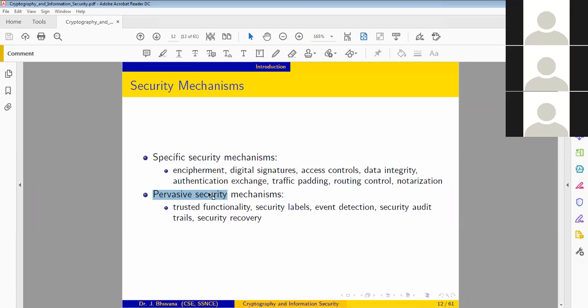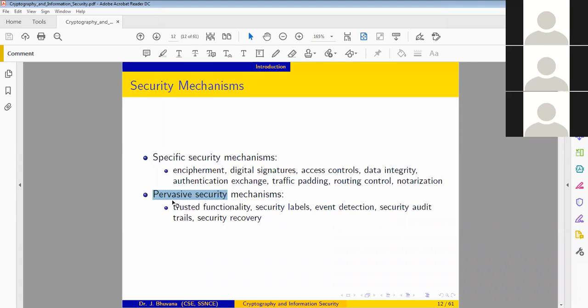For HTTP or web text, displaying web text, I may go for some other protocol that is specifically designed to protect the browser and the displaying of web content. That kind of service can be called a specific security mechanism.